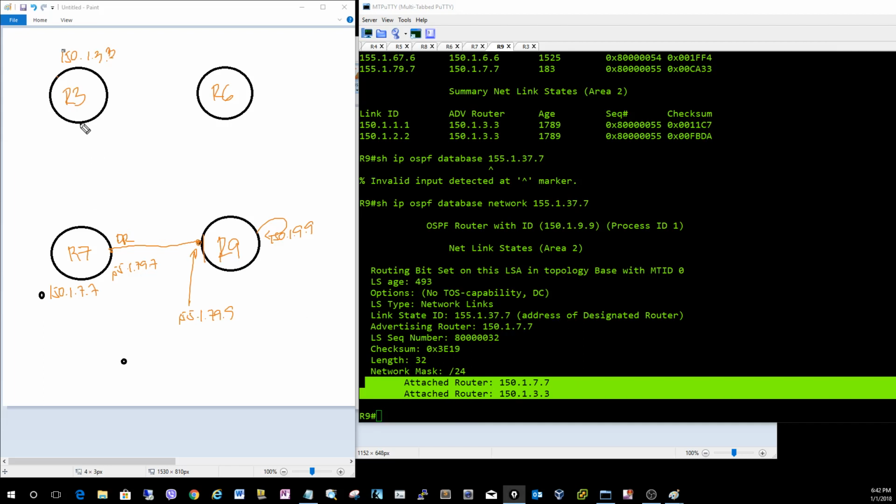So there's actually just two routers in that particular segment. We can see that the address of the designated router is 155.1.37.7. Oh, sorry. Hang on.